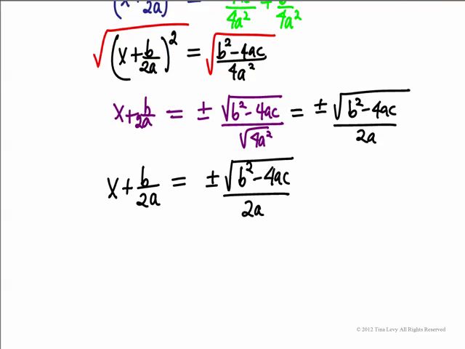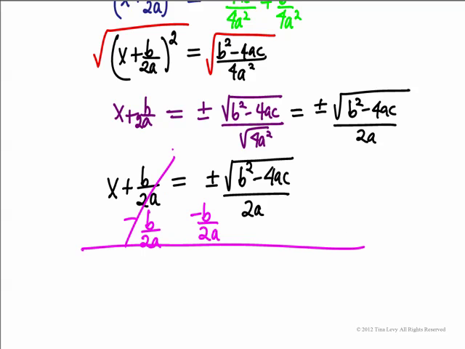We're almost there. Now to solve for x, we subtract b over 2a. That gives us that x is minus b over 2a plus or minus the square root of b squared minus 4ac over 2a.